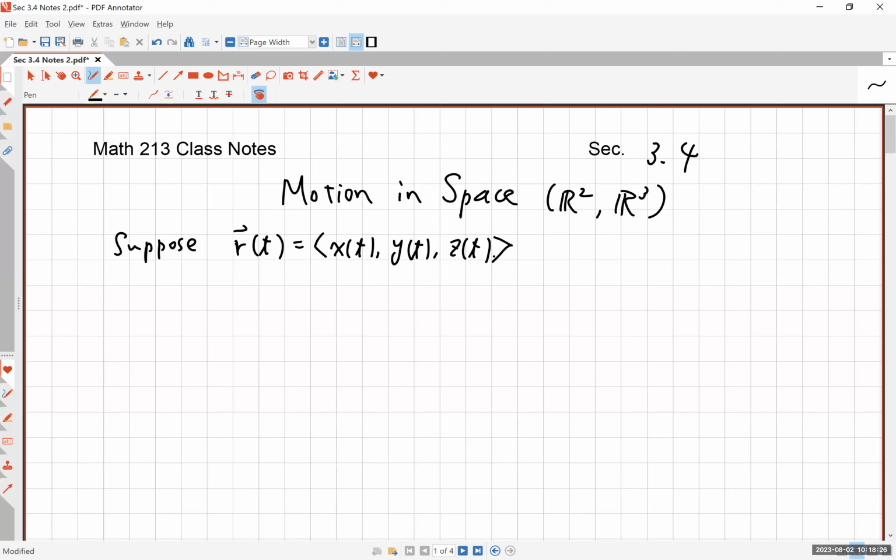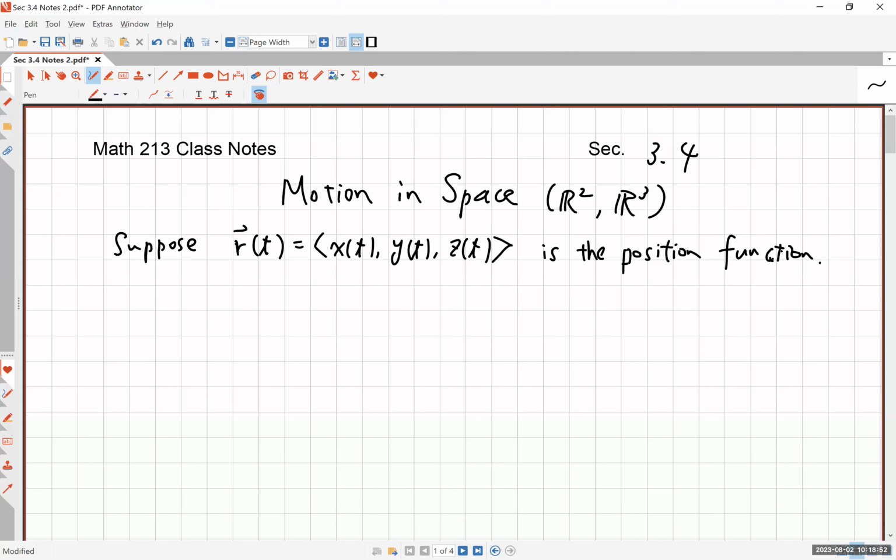We assume this is a position function. In other words, r of t is describing the position of an object, a projectile, at time t. So it's the position function.